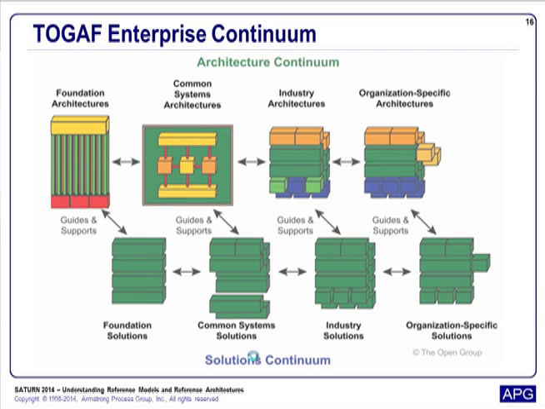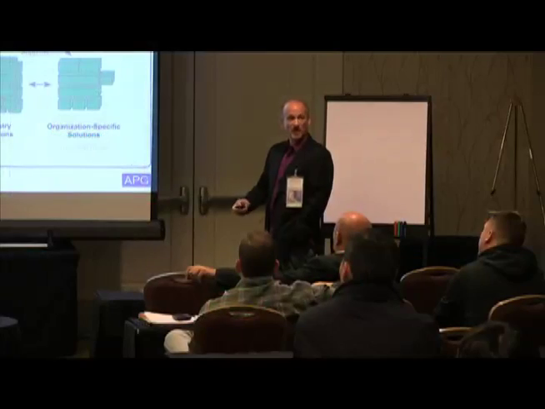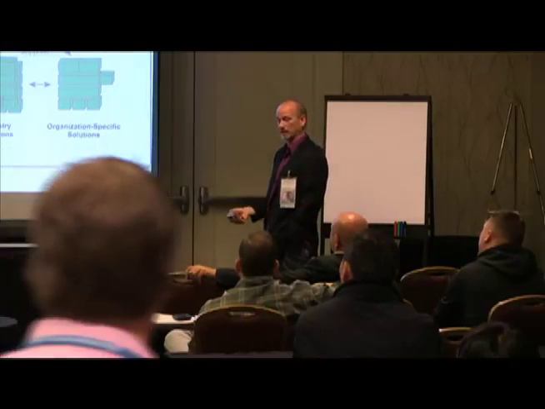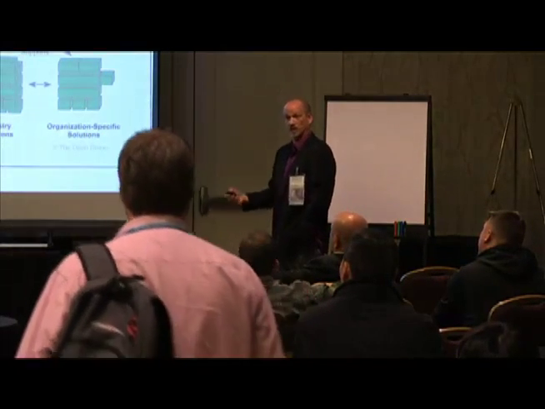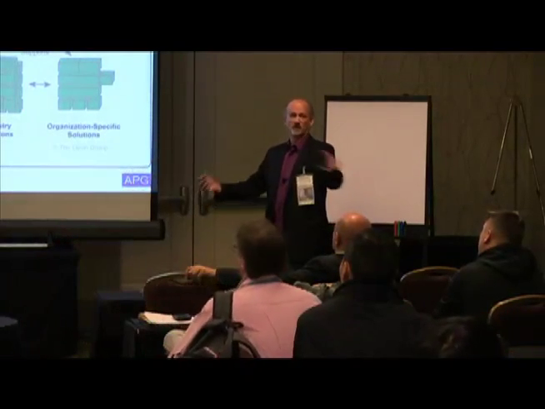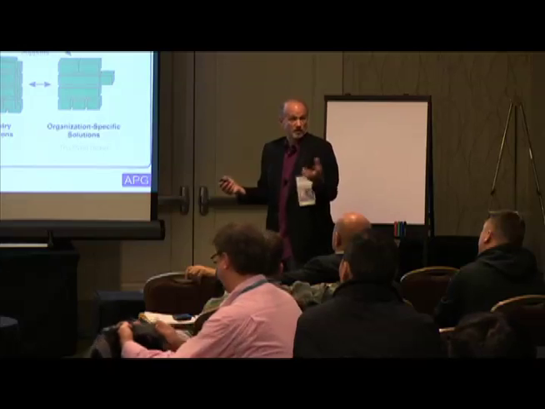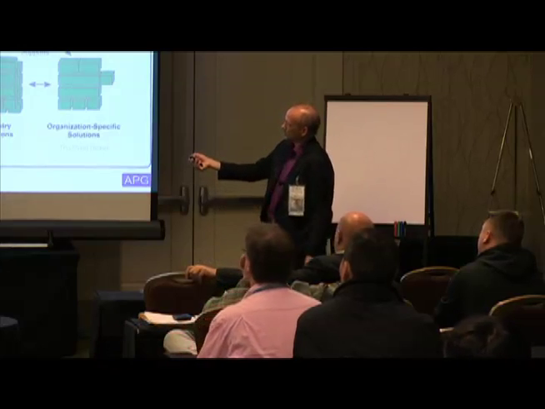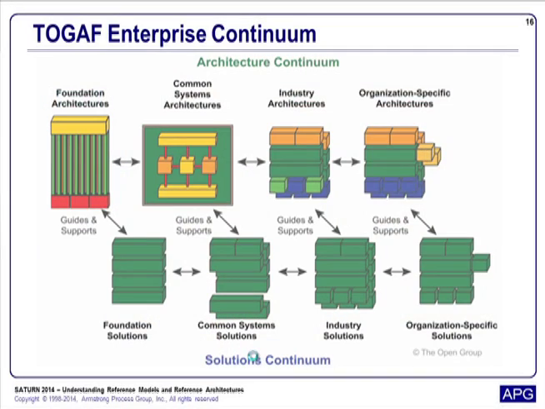Things on the left side of the continuum tend to be highly reusable because they're more generic and more commodities. But because they are so generic and commodities, they require more work to actually reuse them because you have to pick all the right ones, figure out how to put them together, and that requires more effort. As you move more towards the right, things become more specific, more fit for purpose, which means they become easier to reuse in the context in which they were designed.